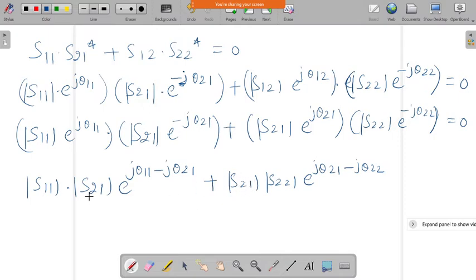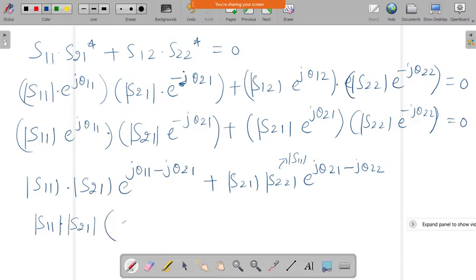Now we can take S21 common. Since here S22 magnitude can also be replaced by S11 magnitude, S11 can also be taken common. So we get S11 magnitude common and S21 magnitude common.